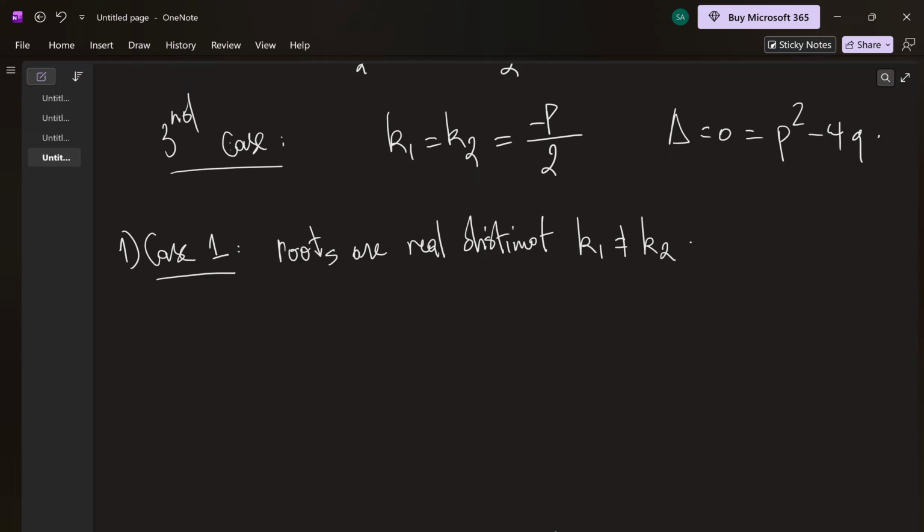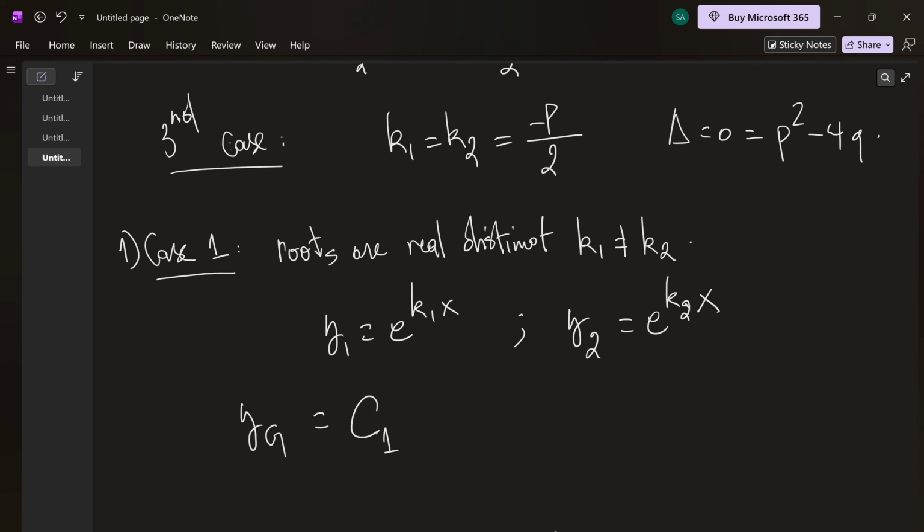The two particular solutions we have: y1 is equal to exponential k1x, and the second particular solution is y2, which is exponential k2x. And the general solution, yg, is simply a constant c1 times exponential k1x plus c2 exponential k2x.